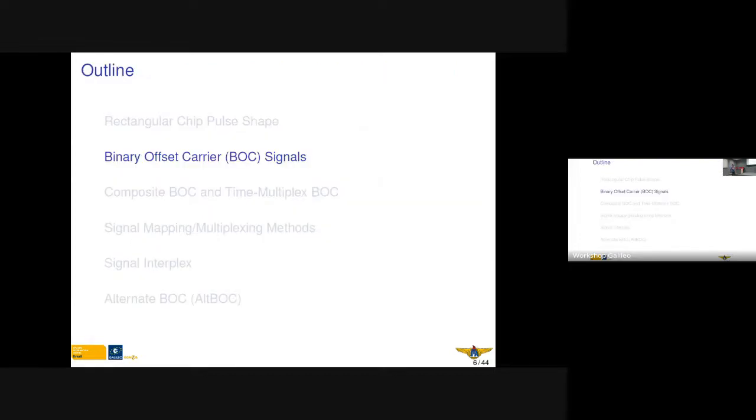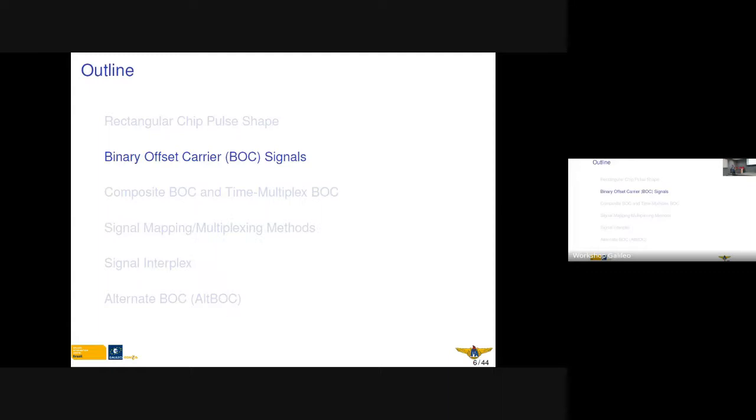Yeah, we can then, instead of the rectangular chip shape, which is used by GPS signals a lot. So the classical GPS signals on L1, L2, and L5 frequency, they all use rectangular chip shapes.